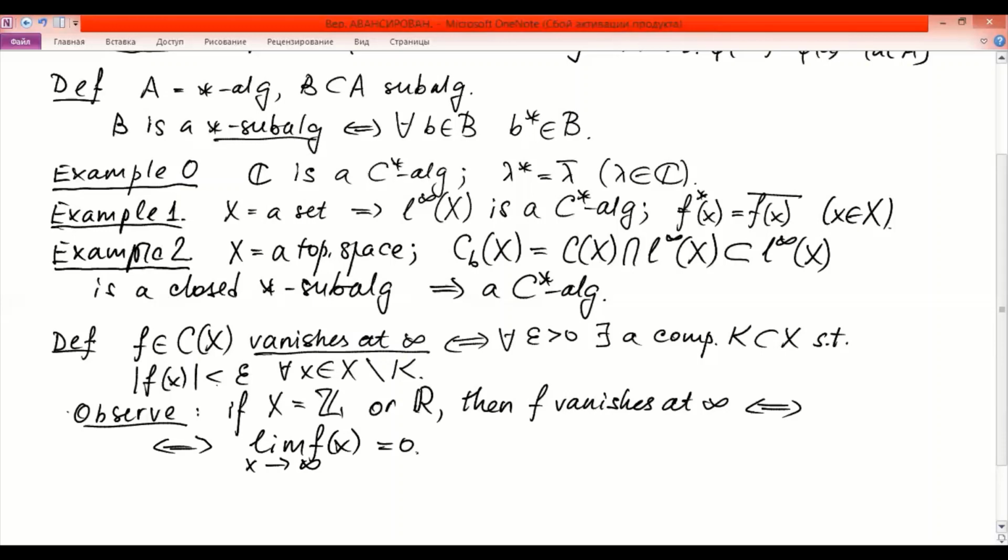The set of all continuous functions vanishing at infinity will be denoted by C0 of X.